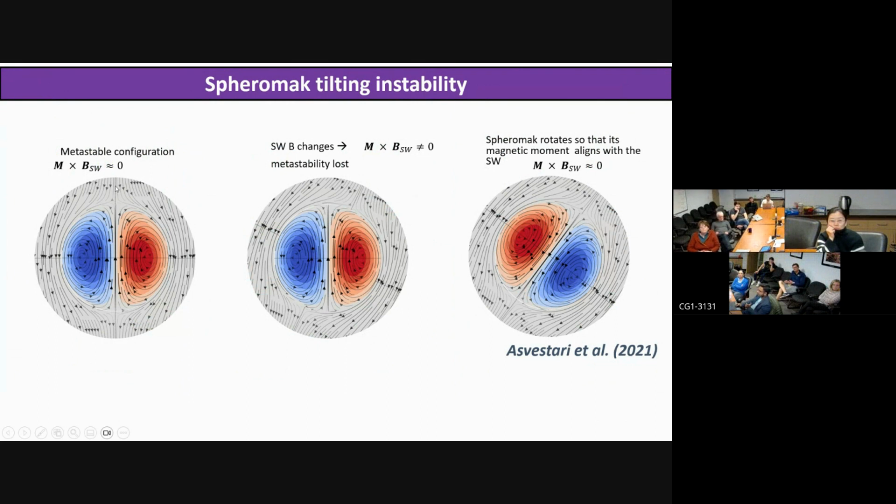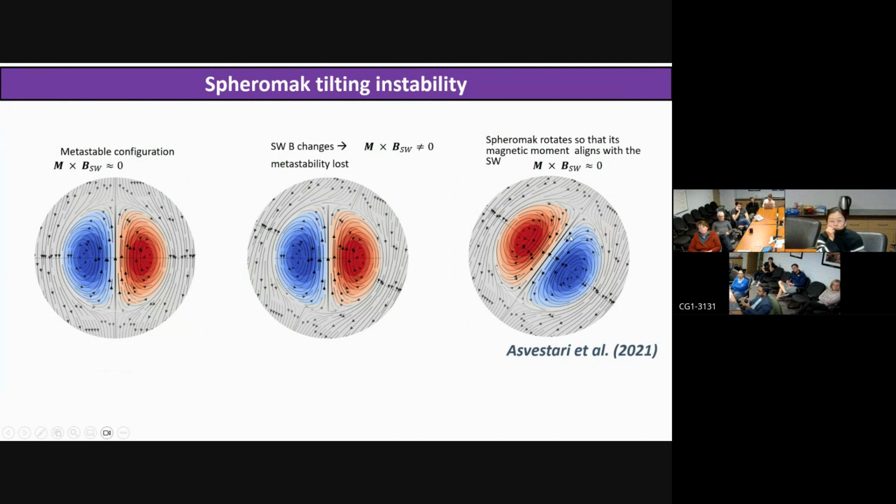But if you shift this structure, and there is a mismatch in the orientation of its magnetic moment with the background magnetic field, then it is in a metastable condition. So it then tries to go back to the stable condition and takes the shape like this.